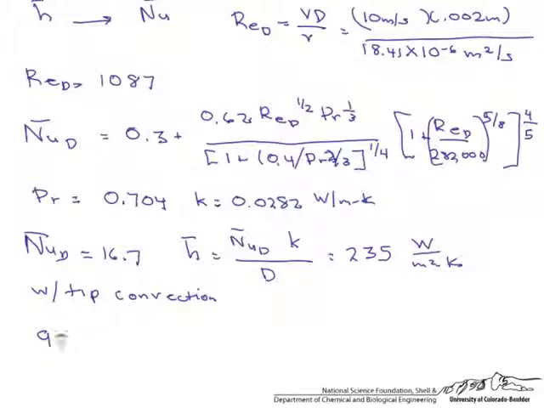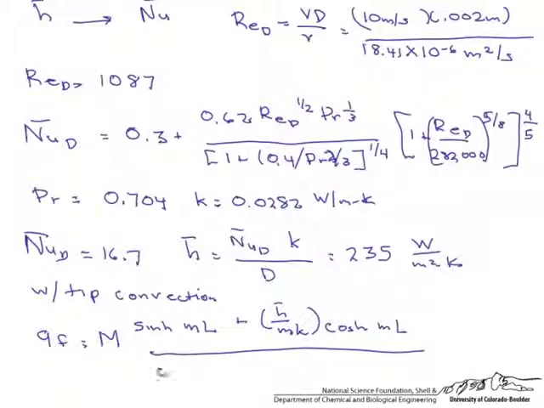So the Q of the fin equals big M times the sinh of little m times L plus H over mK times cosh of mL, divided by the cosh of mL plus H bar over mK times the sinh of mL.